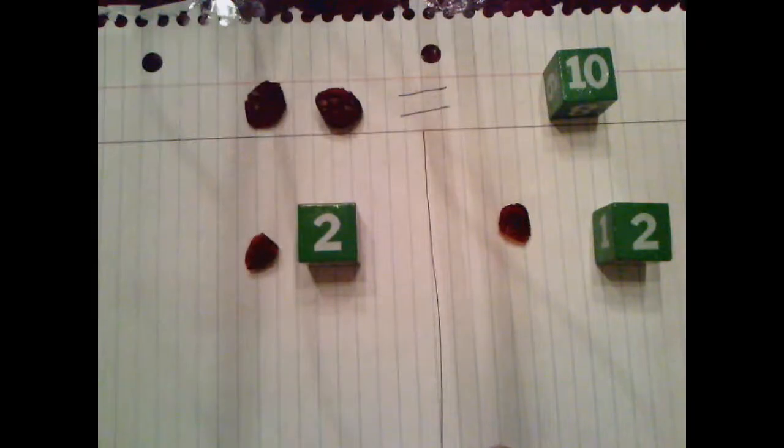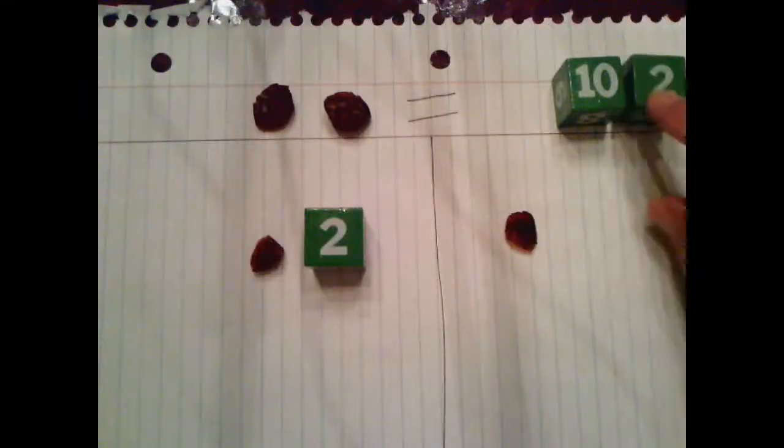And now I can see that for this one, my x value is 5. So for lesson number 4, on problem number 4, my x value is 5.